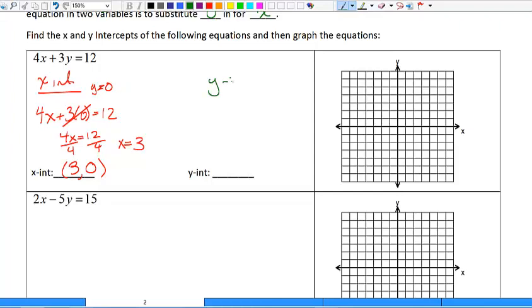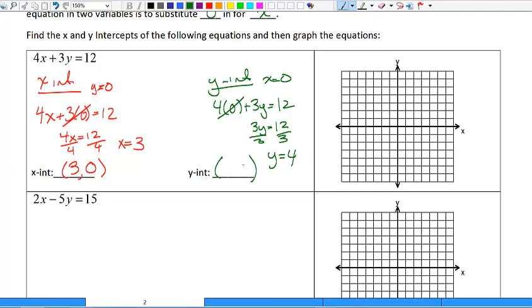So for the y-intercept, we're going to plug in x is equal to 0. So we have 4 times 0 plus 3y equals 12. Well, that's just 0, so I have 3y equals 12. So my y-intercept is 4. But to write it correctly, the y equals 4 needs to go in the y-coordinate. Who goes for the x-coordinate? Well, 0.